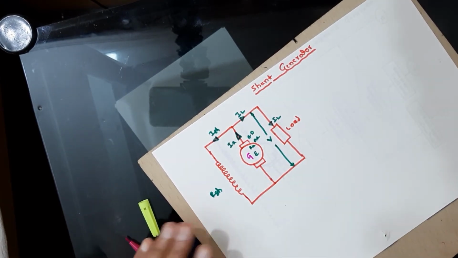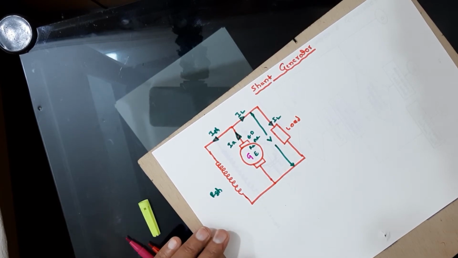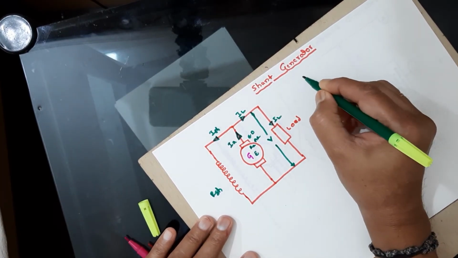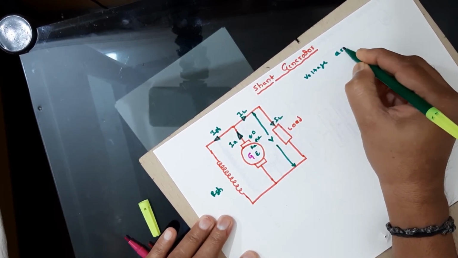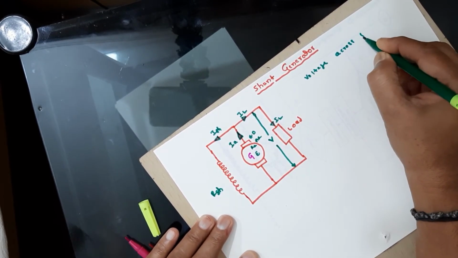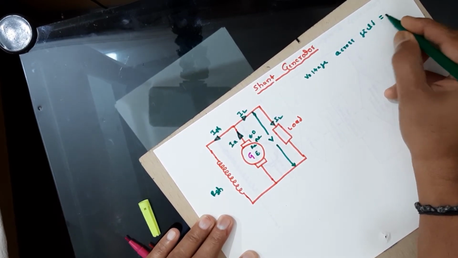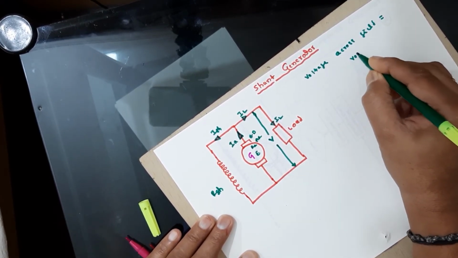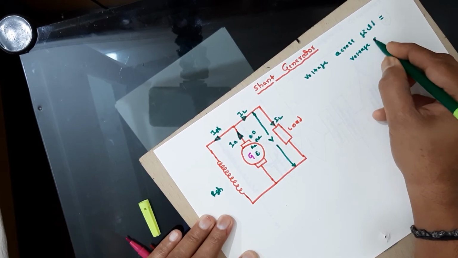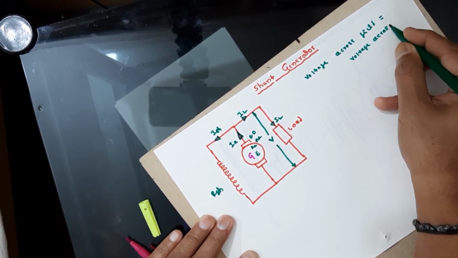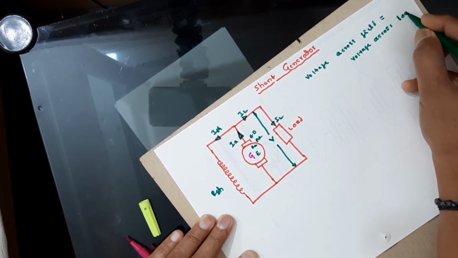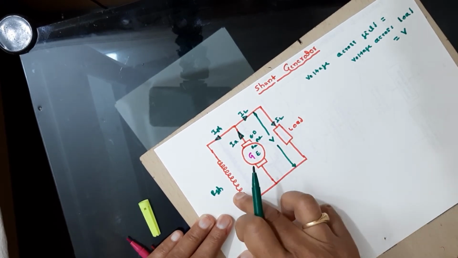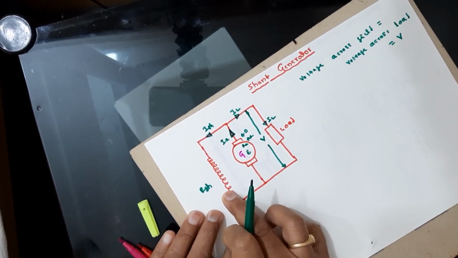Therefore, the voltage relation I am establishing here is the voltage across the field is equal to the voltage across the load, that is equal to V. Means the voltage across load as well as the field is the same.